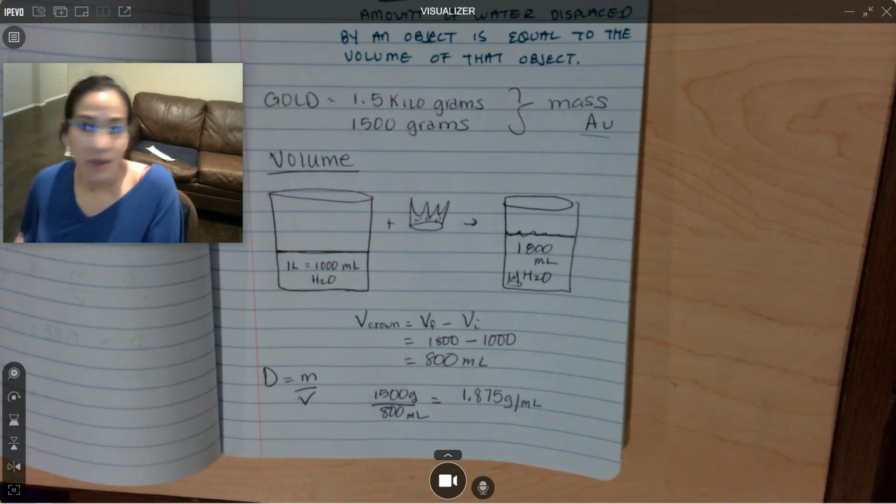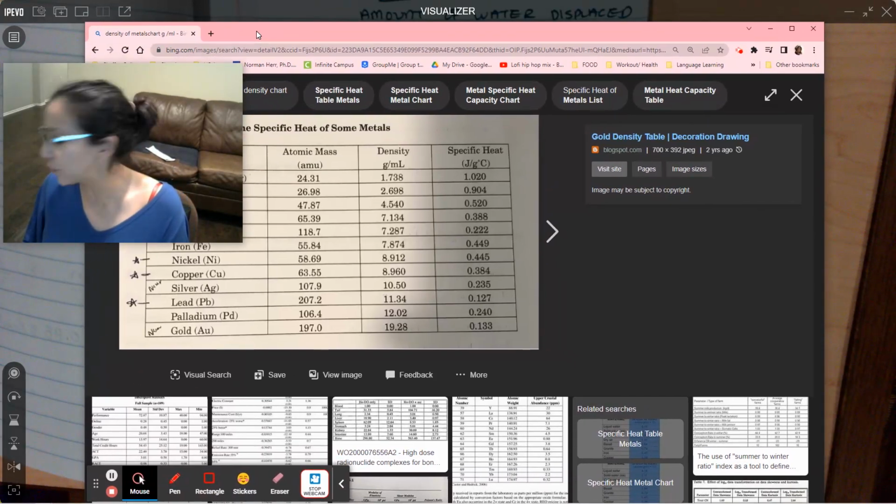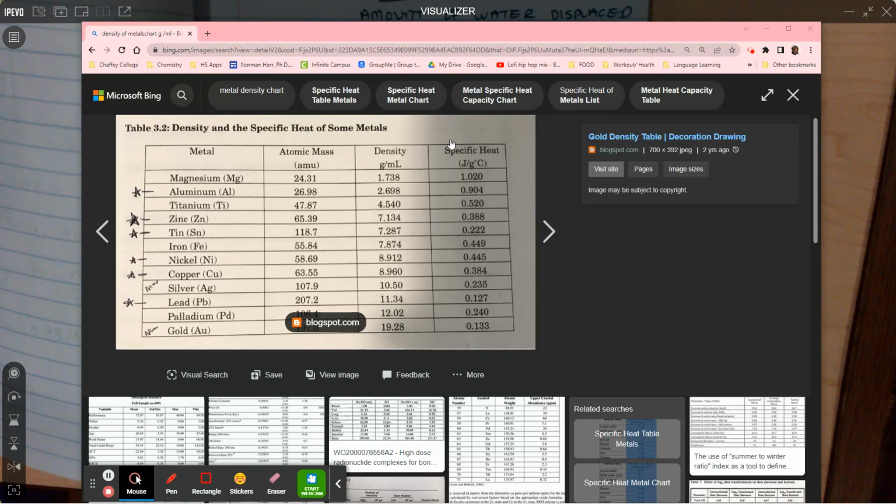According to this chart, remember we're at 1.87. We have 1.7. Ooh, that's really close. Actually, that's the closest one in this chart. It's 1.7, and that is magnesium.